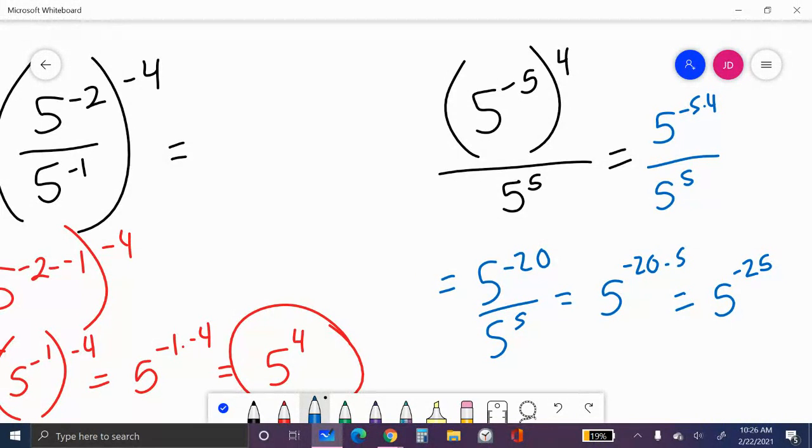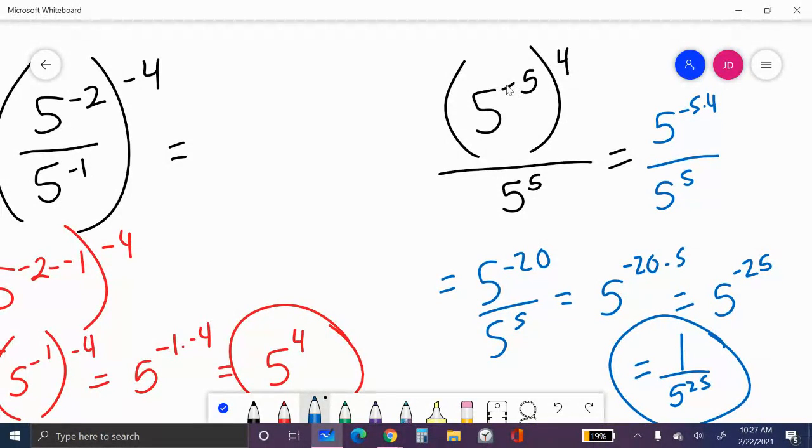And that as a positive exponent, you have to flip it and make it a positive. So it's 1 over 5 to the 25th. There we go.